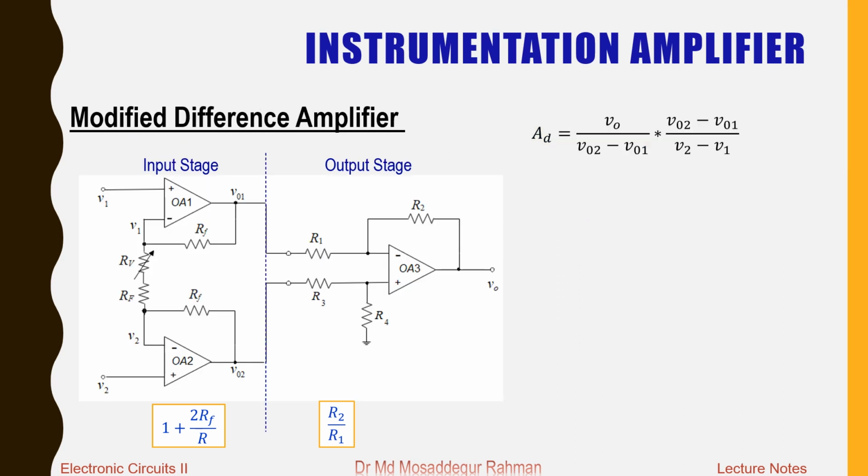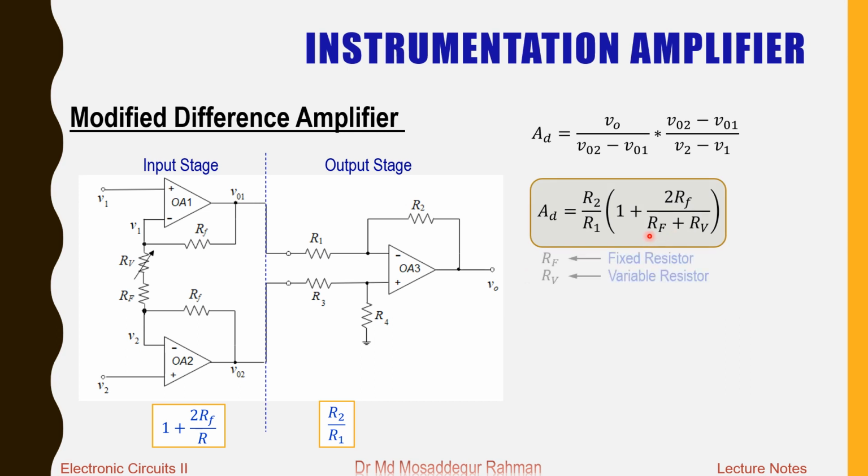With this modification, the overall gain of this modified difference amplifier we can express like this. In the denominator, instead of R, we put Rf plus Rv.